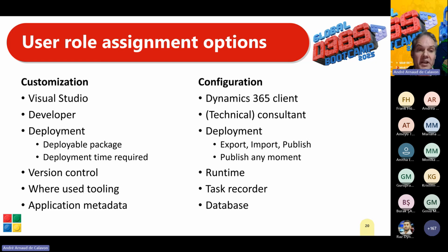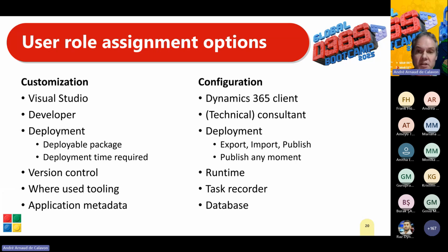For the deployment process, if you are using customizations, then a deployable package is required to move the customization from a development to a test environment, from test maybe to UAT, and then it will be moved to a production environment. And for each deployment, there's some deployment time requirement as the application will be offline for a moment when the package is deployed.